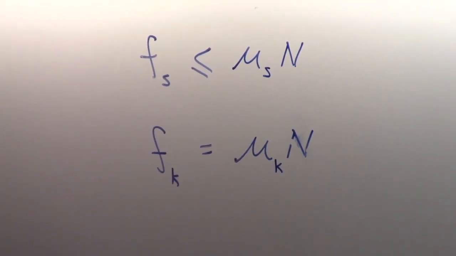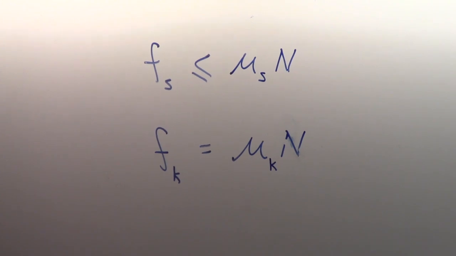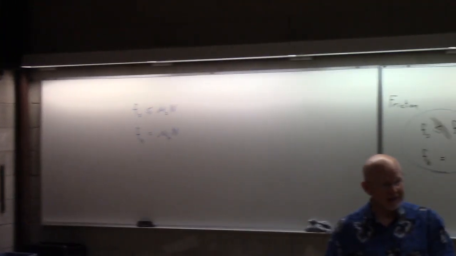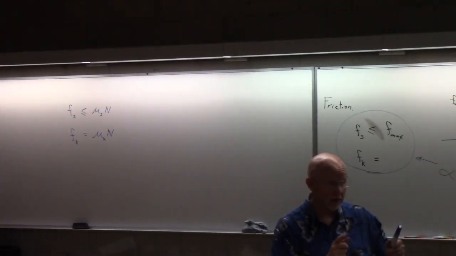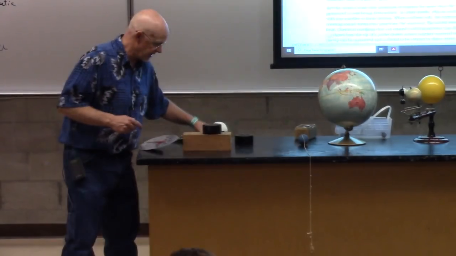Now, the normal force is part of what we're studying, so a lot of times the normal force is the weight of the object, but I want to emphasize not all the time is the normal force the weight of the object. For example, to keep it simple, I'll just remove those.